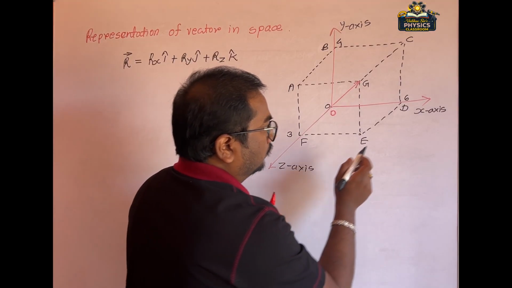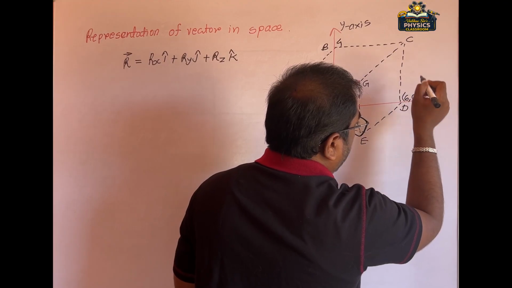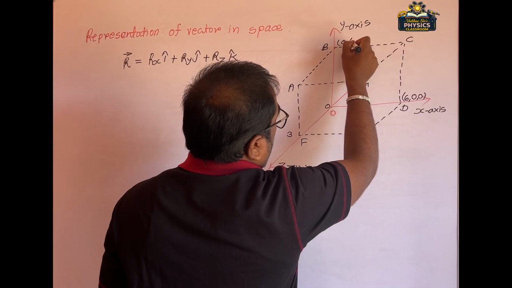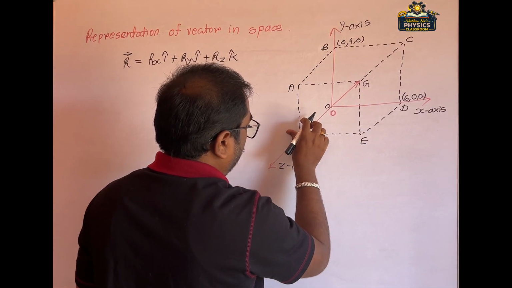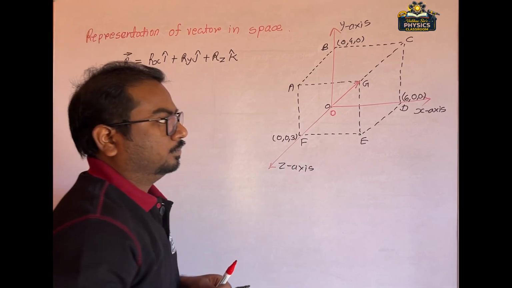Or we can give the components or the coordinates 6, 0, 0. This will be 0, 4, 0, and this will be 0, 0, 3.